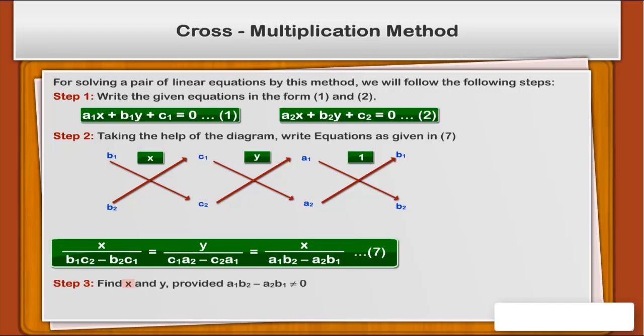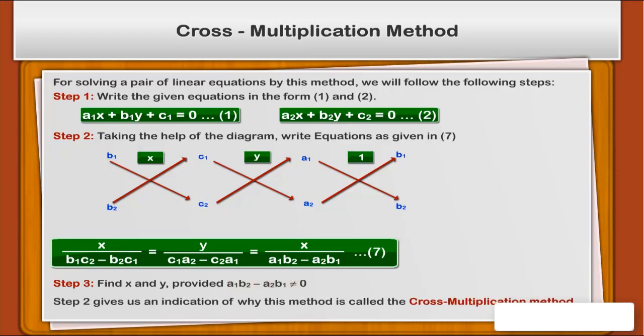Step 3. Find x and y provided a1b2 minus a2b1 is not equal to 0. Step 2 gives us an indication of why this method is called the cross multiplication method, as the coefficients are being multiplied here.